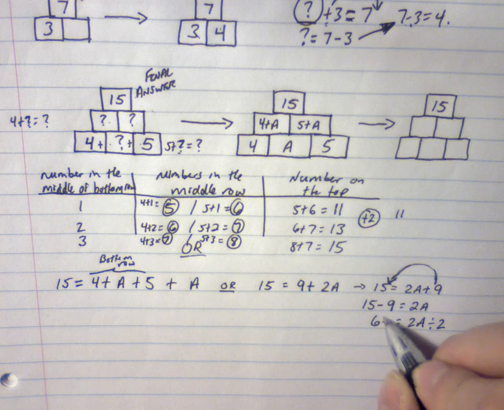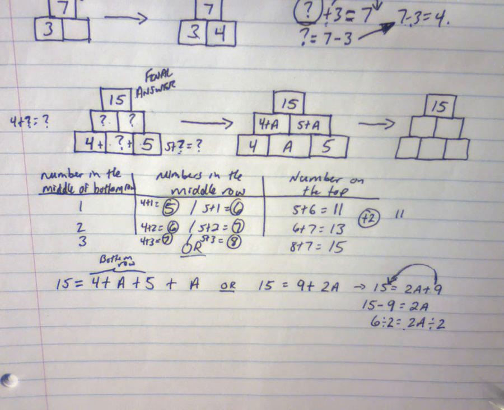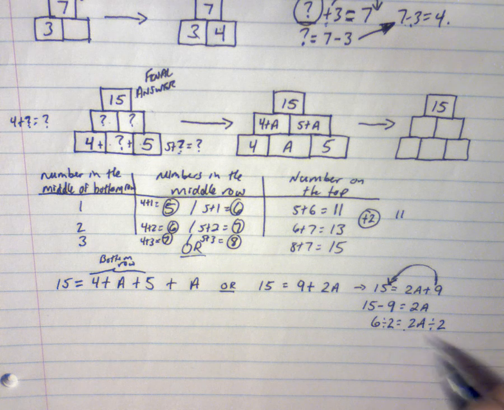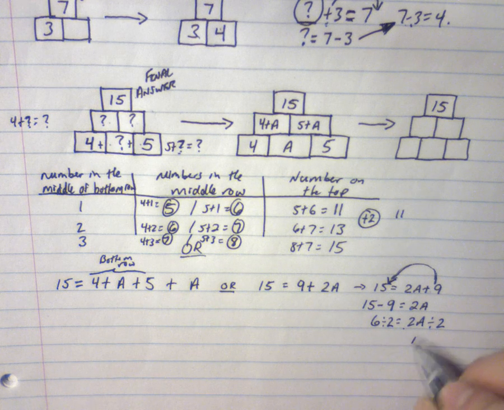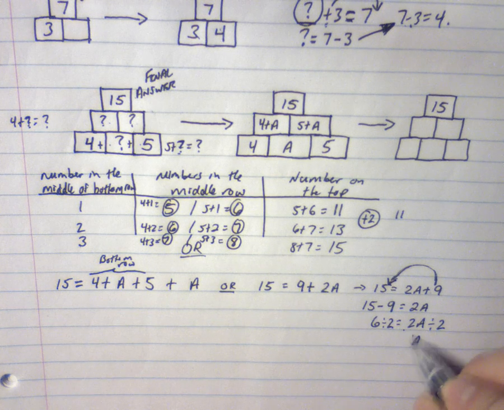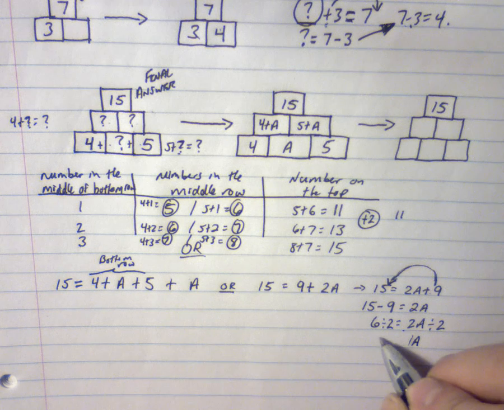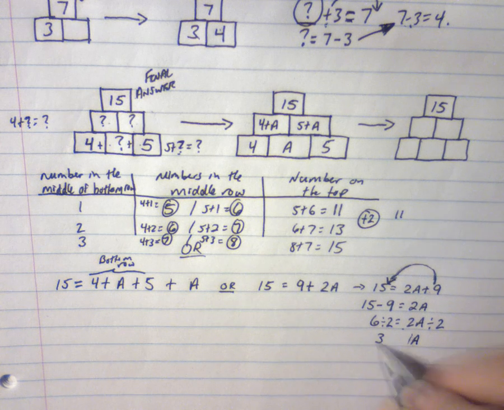So we have to do the same to both sides, okay? And so what we end up getting is that 2 divided by 2 equals what? 1. So we end up with A. It's assumed that there is a 1 in front of it, and we end up with 3.